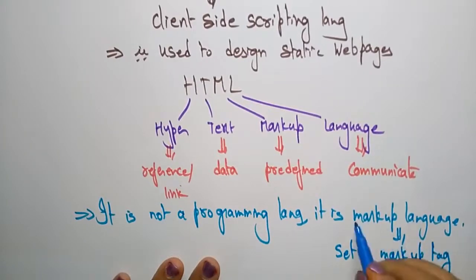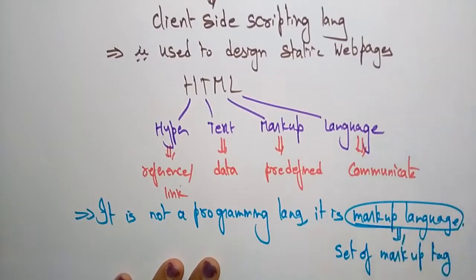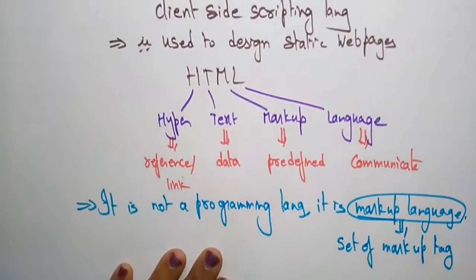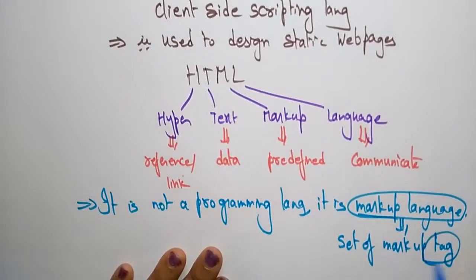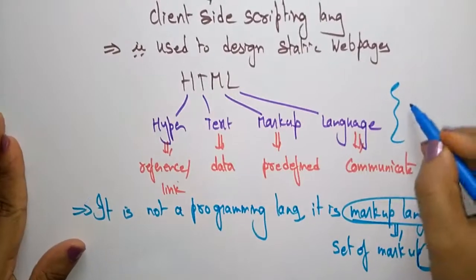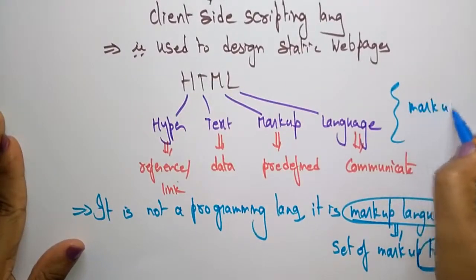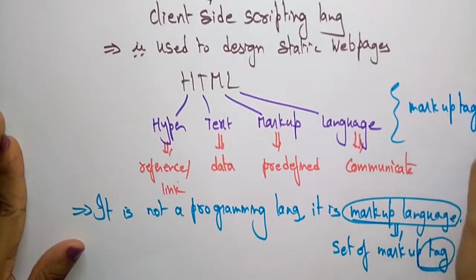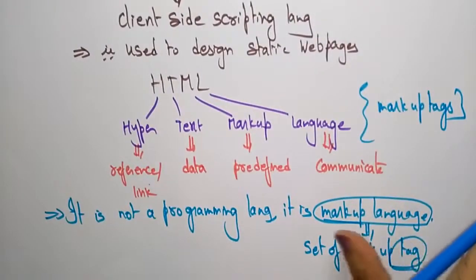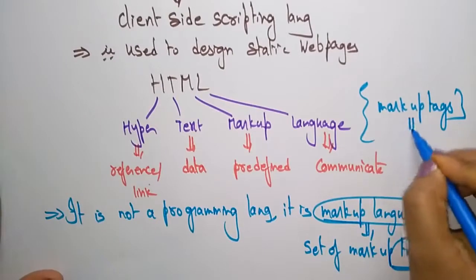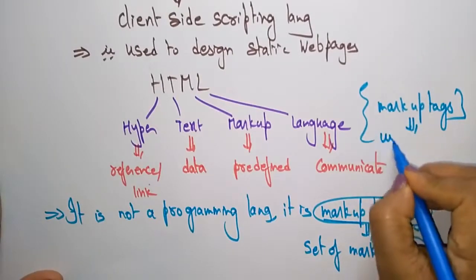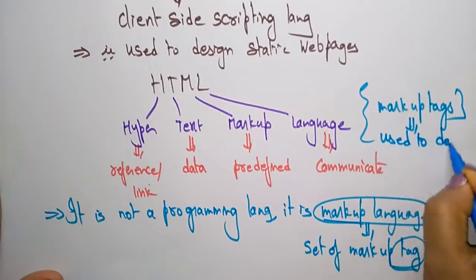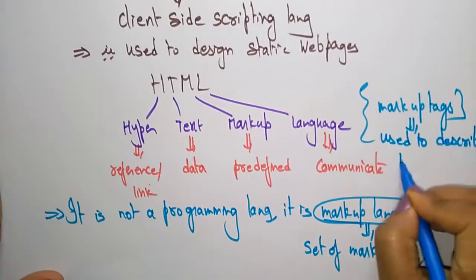That means this language consists of syntax in the form of tags, and the complete language is in the form of tags. The markup tags are used to describe web pages.